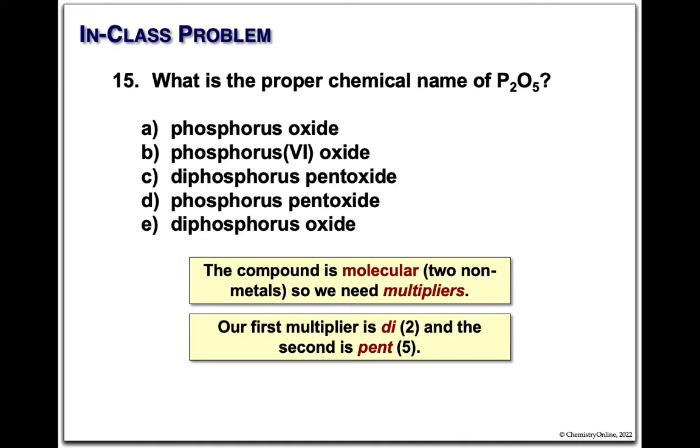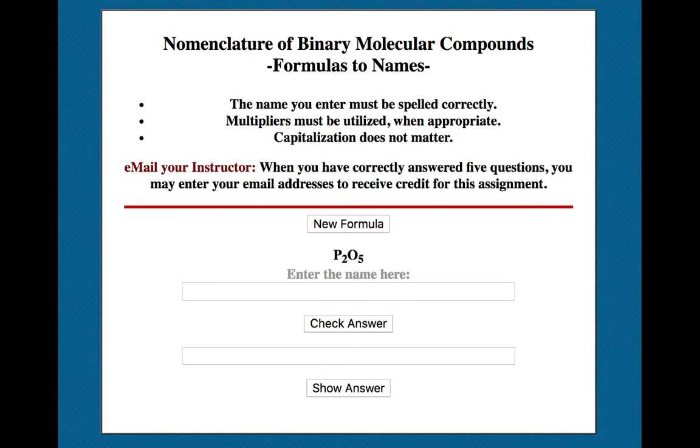And there it is. Remember, you only use charges for ionic compounds. And again, you must use multipliers on both elements. If you want practice, here's a tutorial, P2O5, diphosphorus pentoxide.